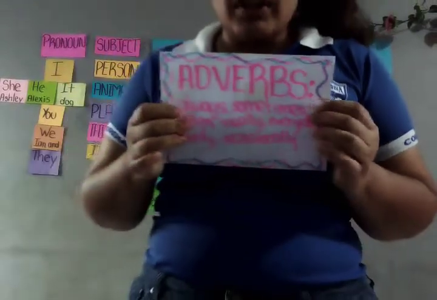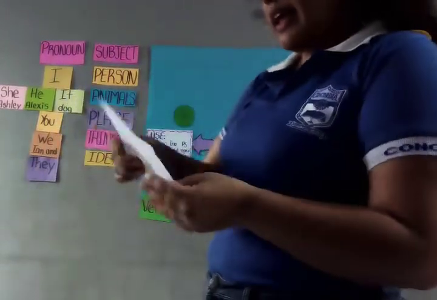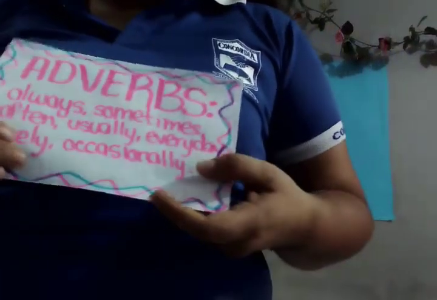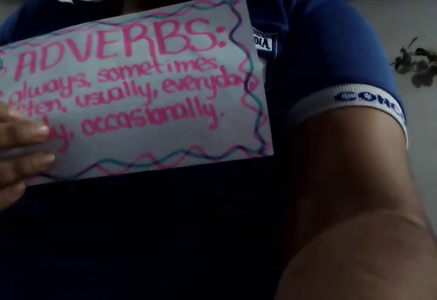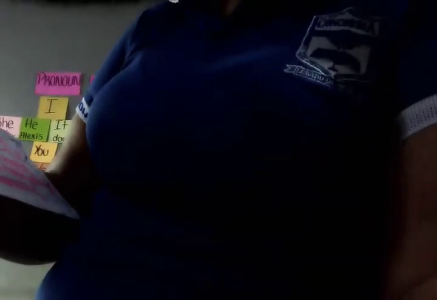Adverbs are the ones that describe a verb or adjectives. And adverbs can be, I have some examples here, for example: always, sometimes, often, usually, every day, rarely, or occasionally.